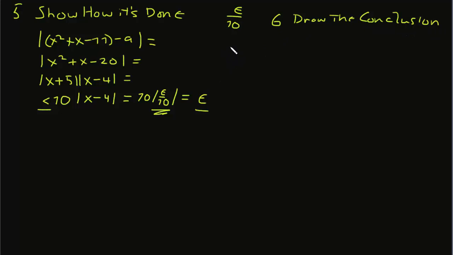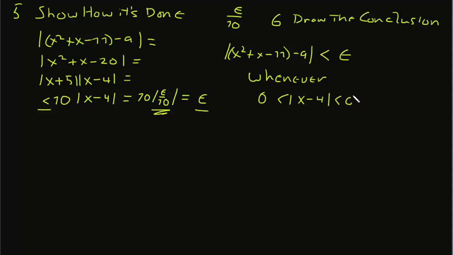We have shown that the absolute value of x squared plus x minus 11 minus 9 is indeed less than epsilon whenever the absolute value of x minus 4 is greater than 0 and less than our delta, which we have chosen to be whichever is smaller of something less than 1 or something less than epsilon over 10.